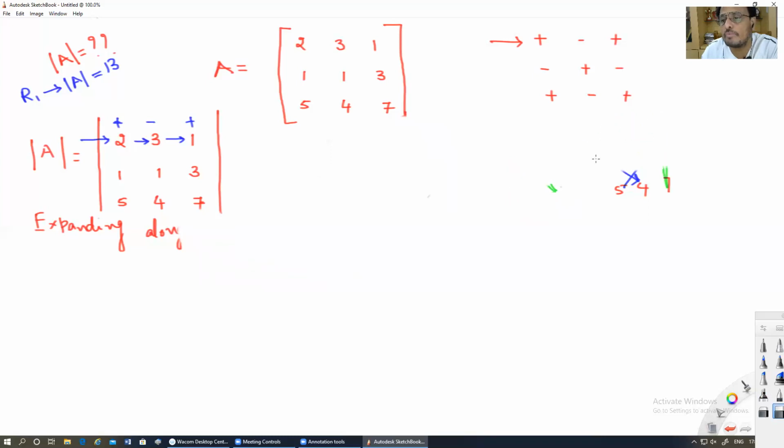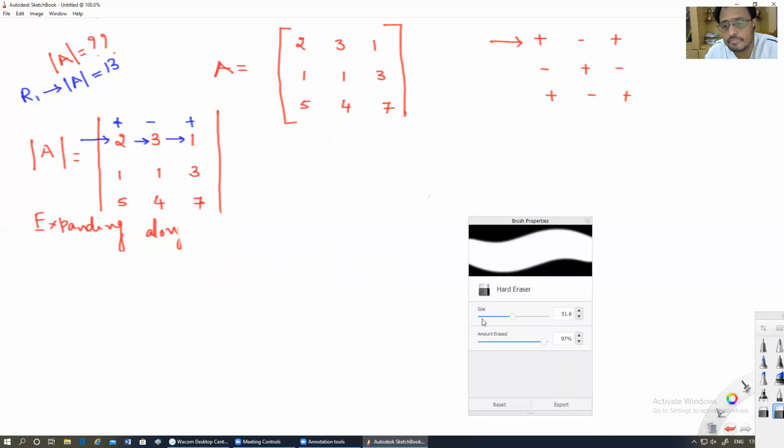Which column you are going to take, that is important here now. In this case, row 1 is already completed. Check it once again. I'll take the same matrix. Now how can we go for the remaining?